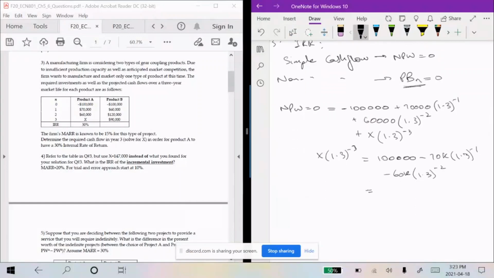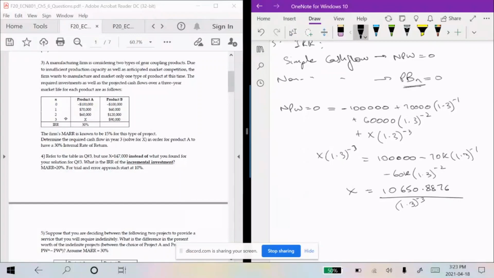Now, let me just solve this. 100,000 minus 70,000 into 1.3 to the minus 1 minus 60,000 into 1.3 to the minus 2. Yeah, I got this as 10650.8876.